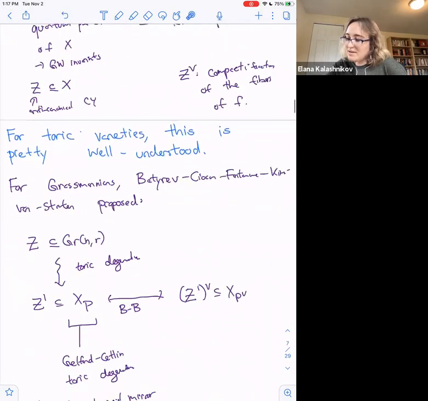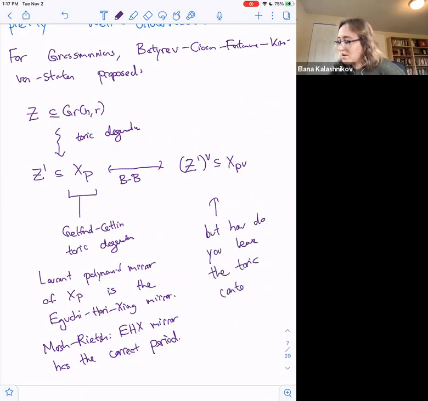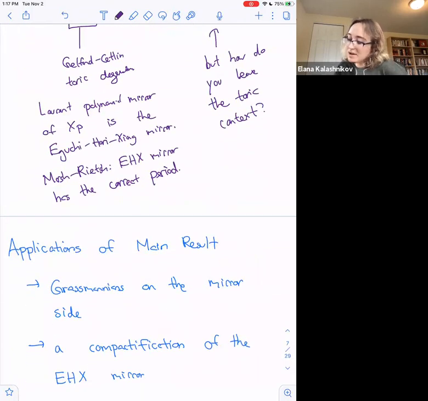But it's sort of unsatisfying, especially for the Calabi-Yau, because we've taken a toric degeneration to get into the toric variety world, but how do you leave it? And that's what I want to talk about today. Some applications of the main result I'm going to explain are that we're going to see Grassmannians on the mirror side. So it's going to give you an answer to this question.